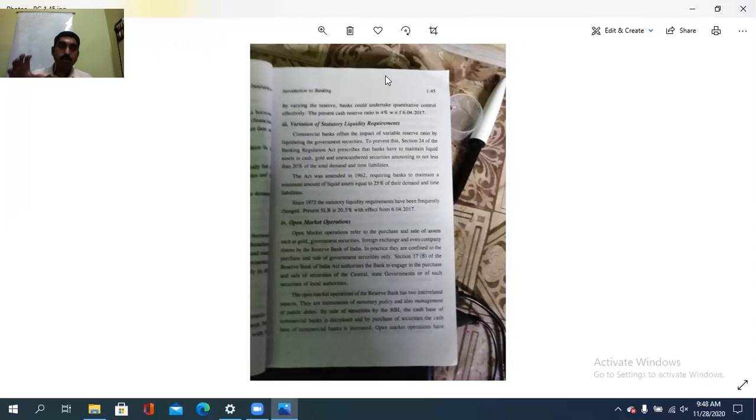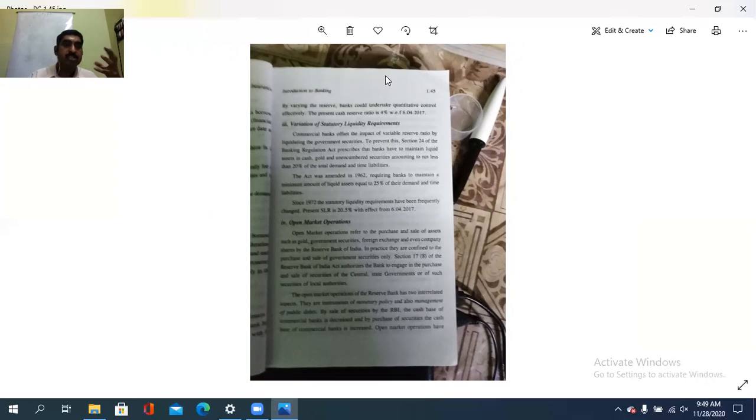In order to have an impact of this, in the previous case, the variable cash reserve ratio, the commercial bank may offset it by liquidating government securities. For such a liquidation, the bank needs to maintain liquid assets in the form of gold, cash, government securities or unencumbered securities that amount to not less than 20% of the total demand.